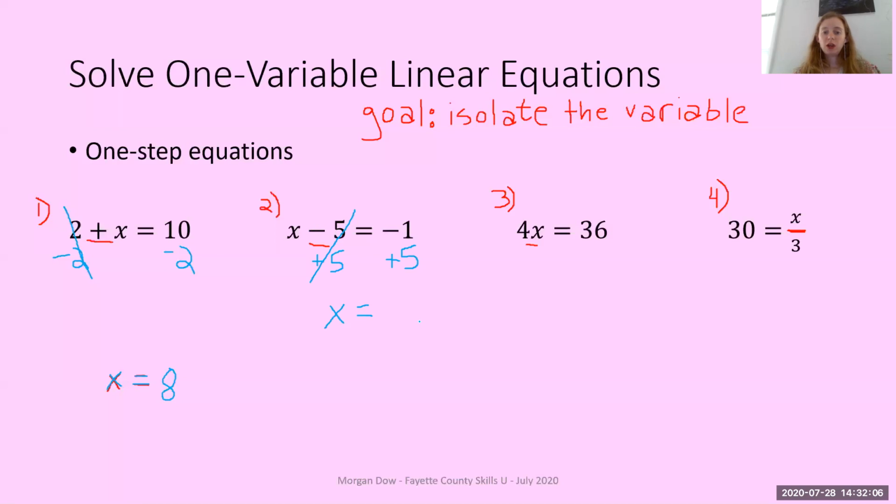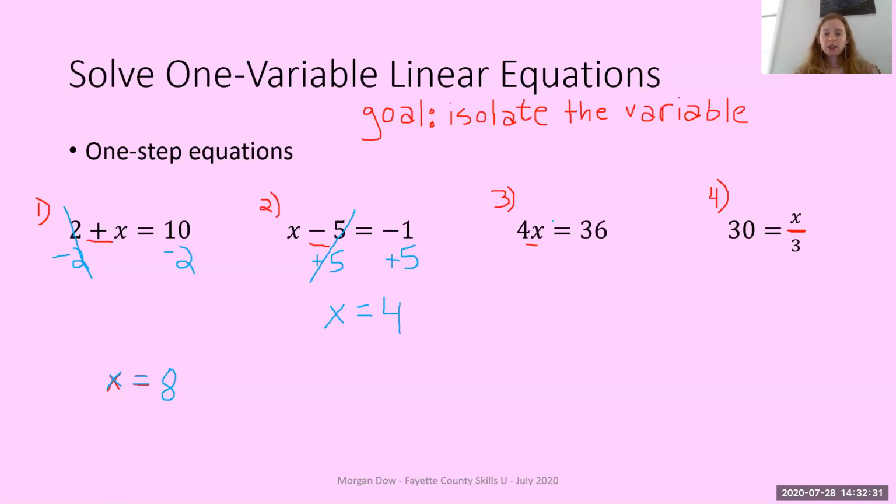On the right side, we had negative 1 plus 5, which equals 4. And that's our final answer. We successfully isolated the variable on one side of the equal sign, so x must be equal to 4. And if we return to our original equation, that makes sense, right? We would be saying 4 minus 5 equals negative 1.